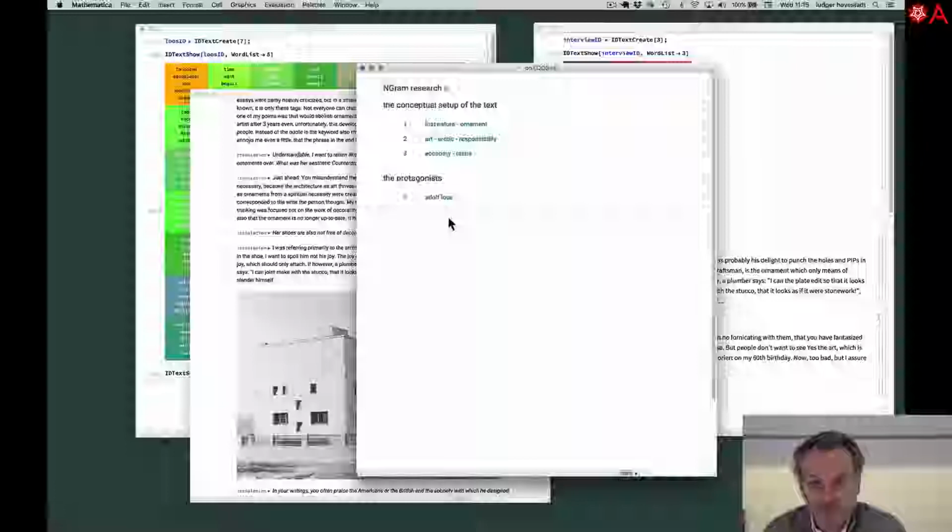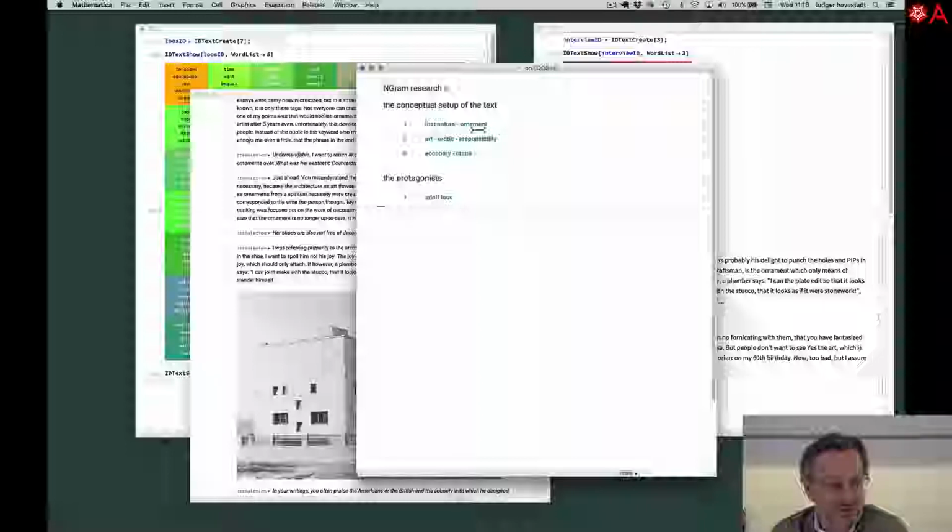So if Loos is fighting the argument in these terms as irresponsible and not responsible, then in the actual world we need a protagonist who has the opposite position.